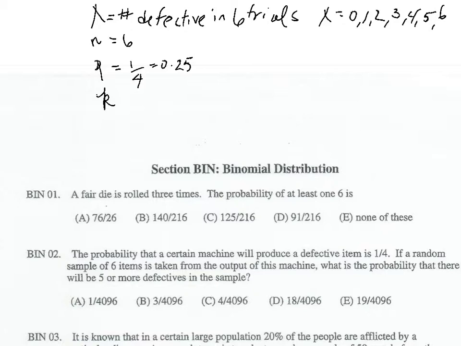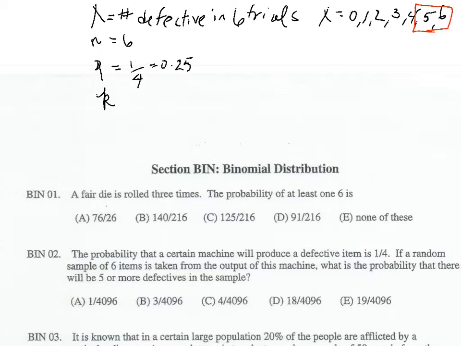And what's the special K? Which one of these, or which combination of these, are we interested in? In this question, we're asked what is the probability that there will be more than 5 defectives. More than 5 refers to 5 or 6.